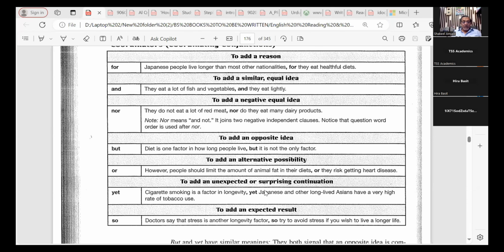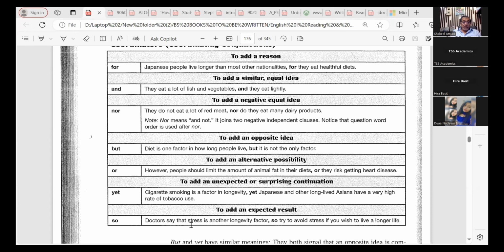To add an unexpected, sorry, surprising continuation: cigarette smoking is a factor in longevity, yet Japanese and other long-lived Asians have a very high rate of tobacco use. यानी सरप्राइजिंग, यानी होना तो ये चाहिए था कि लेकिन हुआ ये.